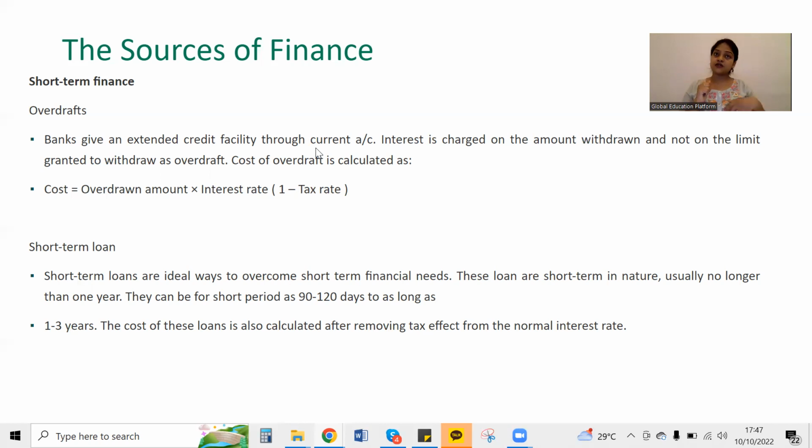But that is going to be a safer zone because you're not losing much bigger money at the end of the day, right? Also, they can be for as short a period as 90 to 120 days to as long as 1 to 3 years. The cost of these loans is calculated after removing the tax effect from the normal interest rate. Okay, so these are the concepts when it comes to short-term loans.